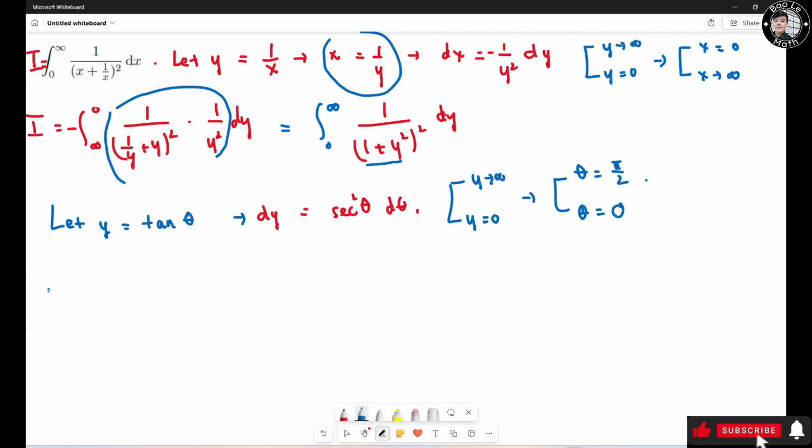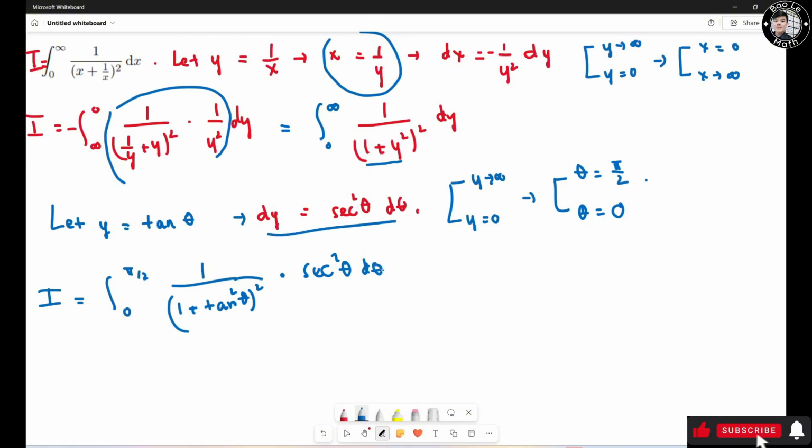So I becomes the integral from 0 to pi over 2 of 1 over (1 plus tangent square theta) all squared, times secant square theta d theta.